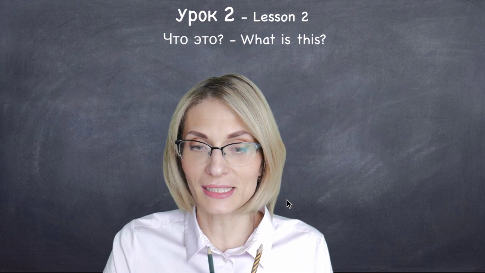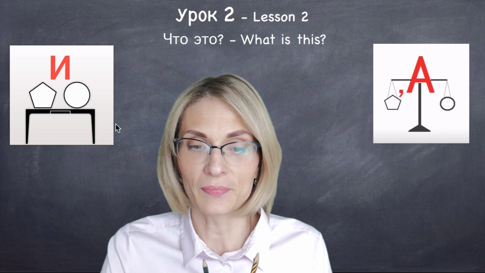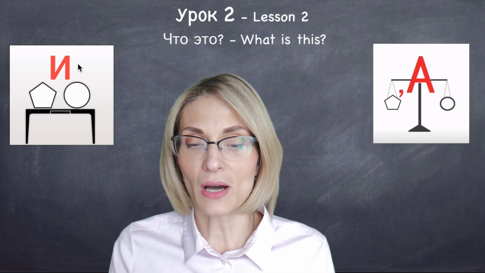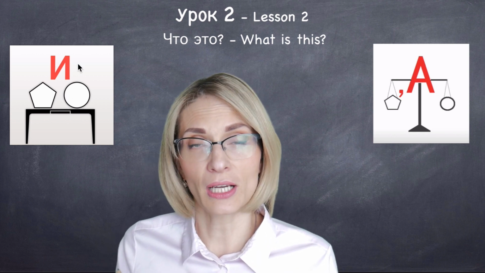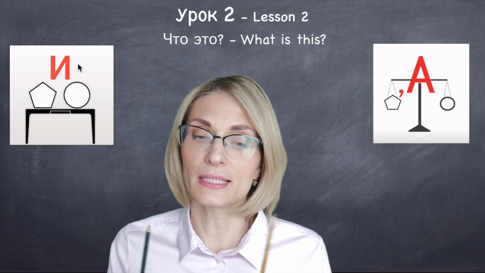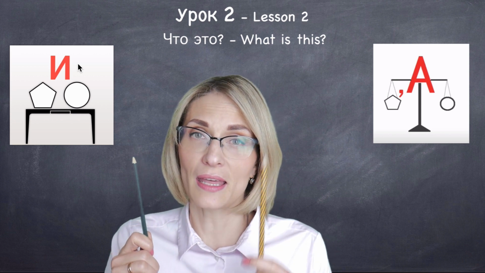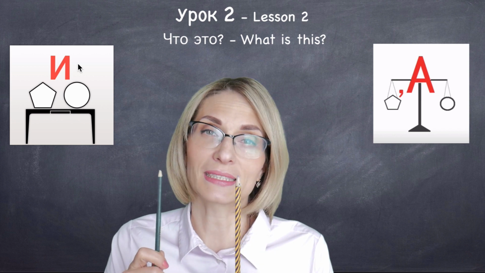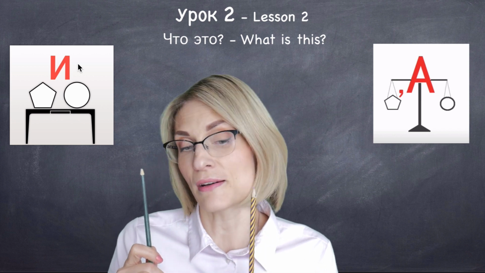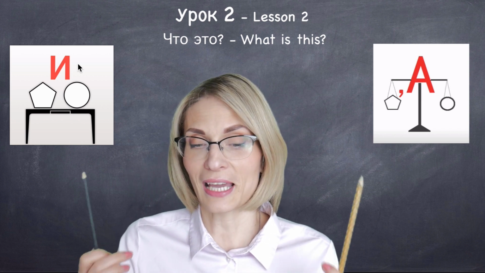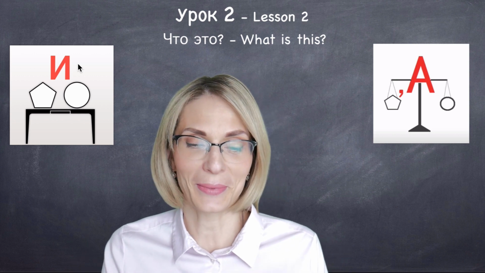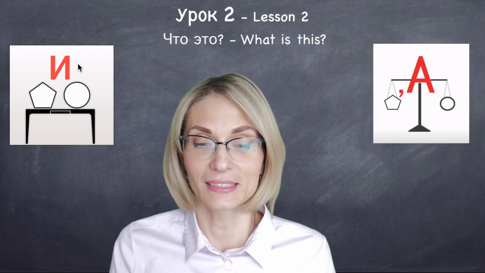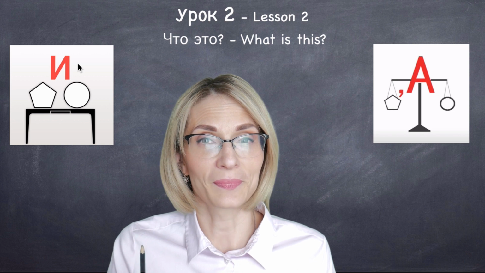Now I'm using this conjunction и. Have a look. So on the same basis, identifying objects, I identified that this object and this object have the same basis. They belong to the category of a pencil. We can express it like that. So let's do it again.